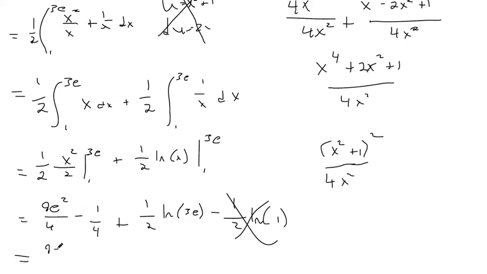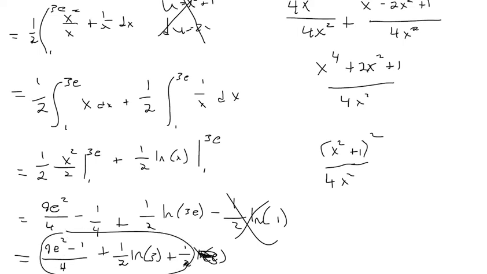It's just a bunch of complicated simplification. Over here, using the properties of logarithms, this is natural log 3 plus 1/2 times natural log e. So this is 1, so you can just scratch that out. And so this is probably as clean as I can make it.